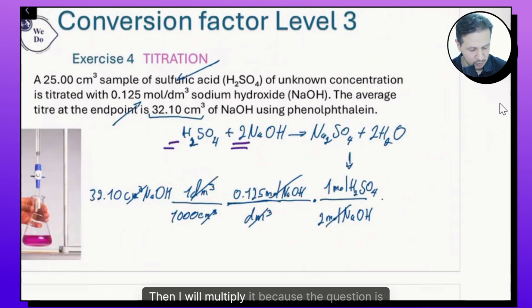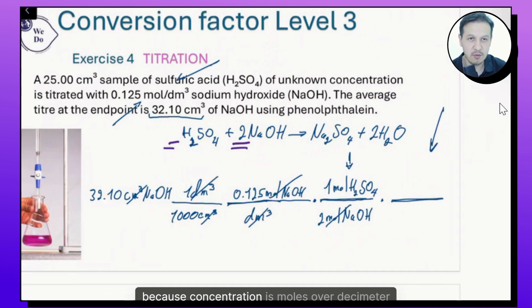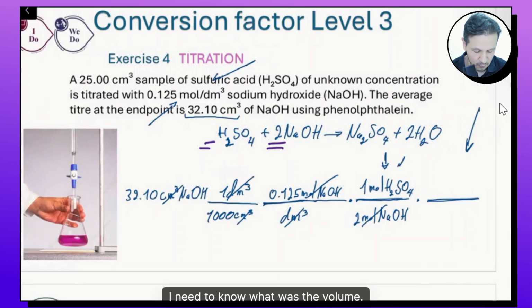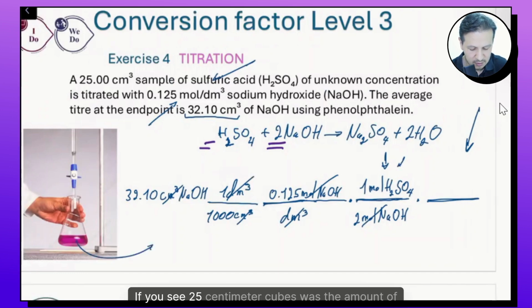Then I will multiply it because the question is the concentration of sulfuric acid. And this is a special conversion factor because concentration is moles over dm³. If I have moles of sulfuric acid, I need to know what the volume was. If you see, 25 cm³ was the amount of sample.